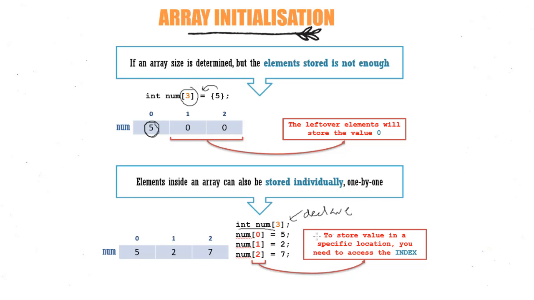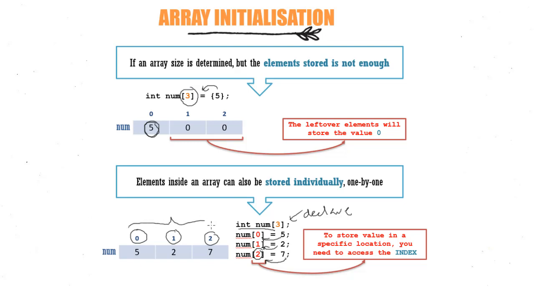The next line, if you do num[0] = 5, meaning that at location 0, you want to store 5. If you do num[2] = 7, meaning that inside location 2, I want to put 7 inside there. If I do num[1] = 2, meaning that inside the location or index 1, you will store 2 inside there.